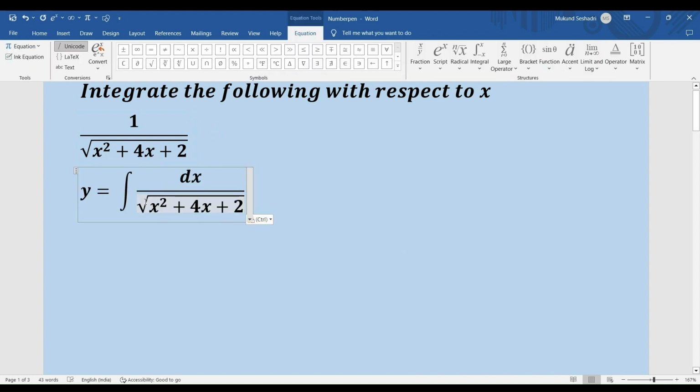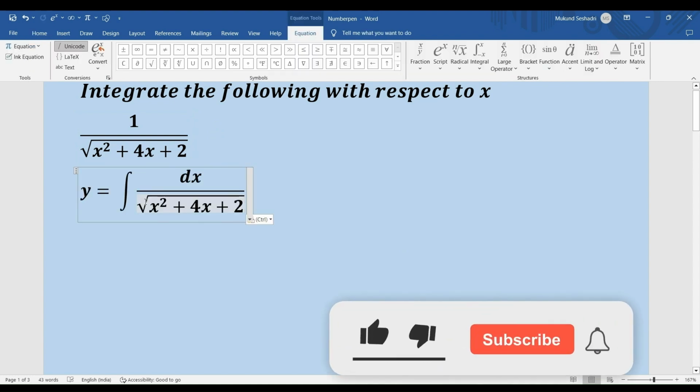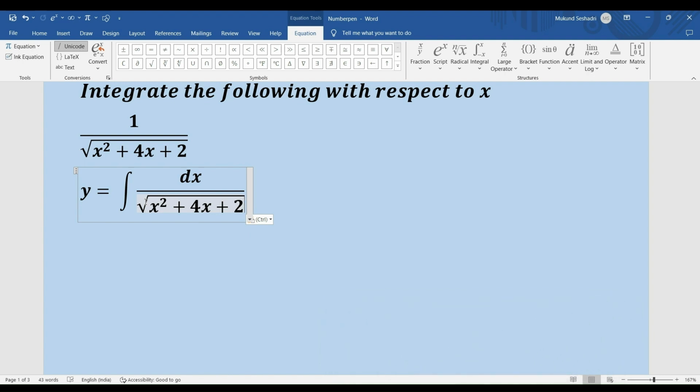My y, now I can see that my y is not in a very simple format whose antiderivative I know from first principles, and I will have to apply one of those techniques that I have learned in my recent videos, right? So we have dx in the numerator, and in the denominator I have a square root, and within the square root I have a quadratic expression, right?